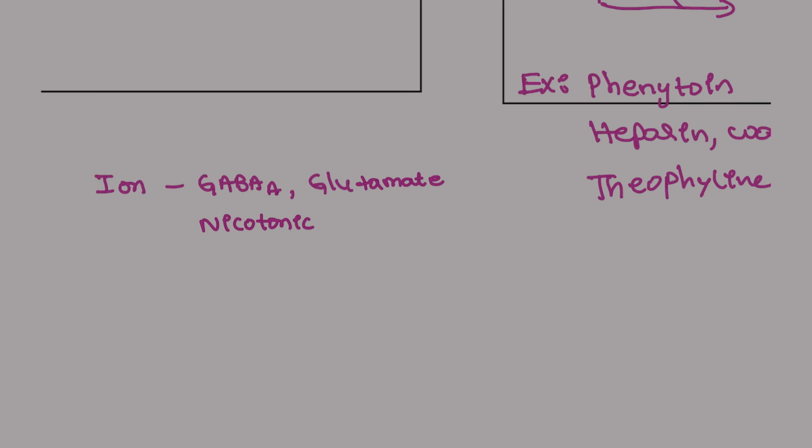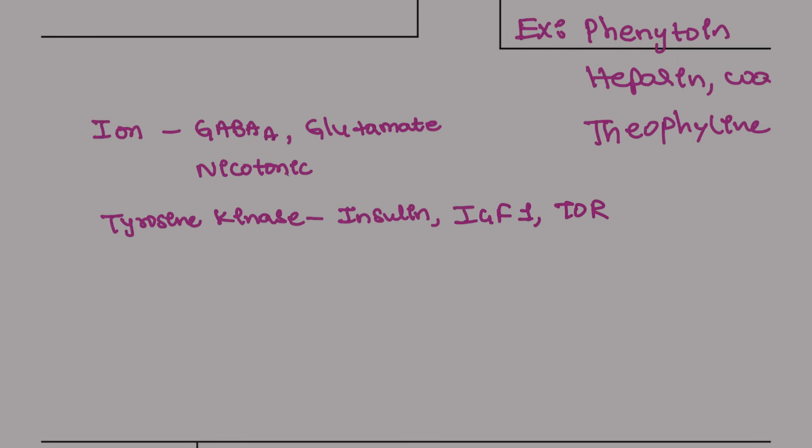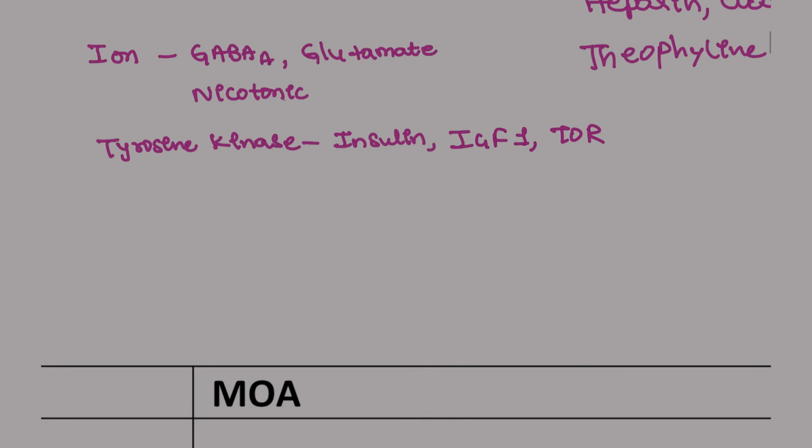These are the ion related receptors. Next, enzyme related such as tyrosine kinase. The first ones that you have to remember are insulin and also IGF, insulin like growth factor, and toll like receptors, right? Next, another one will be the drugs that will be associated with the GPCR, right?